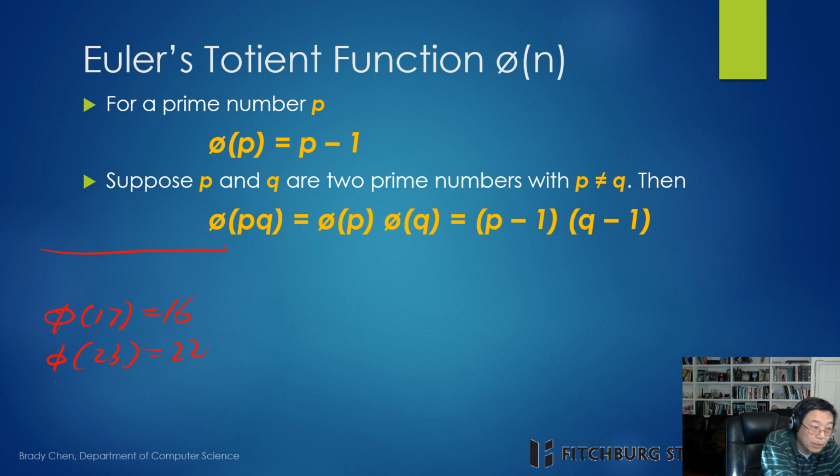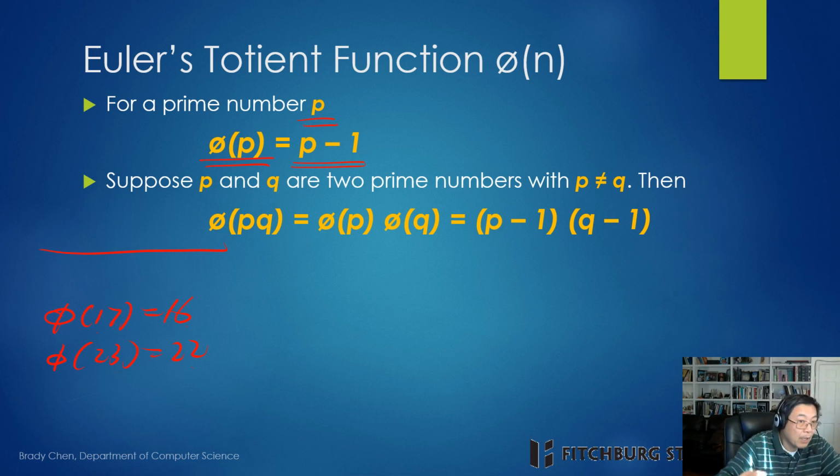Because in general, for any prime number p, phi of p is p minus 1. This is always true because for a prime number p, you cannot factor p. So any positive number smaller than p is relatively prime to p.